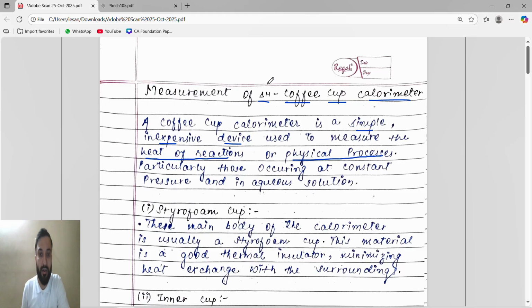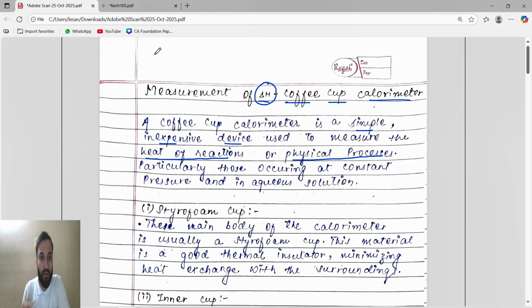Whenever we talk about H, we mean enthalpy, and enthalpy means heat content. Heat content means heat absorbed, or how much heat the reaction contains during the reaction.